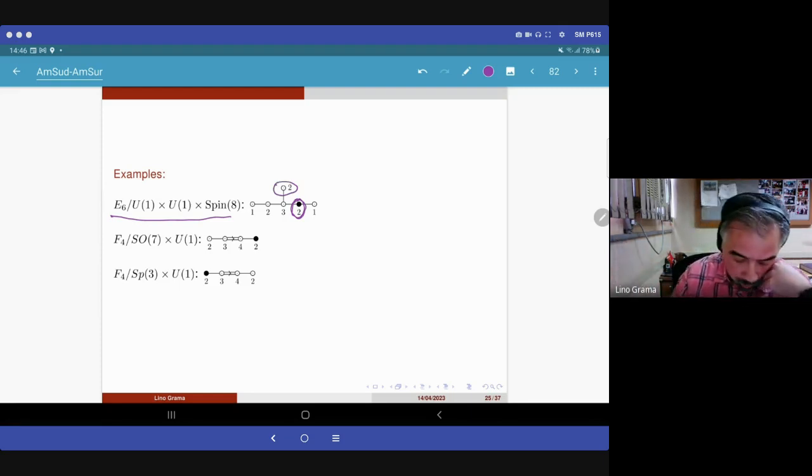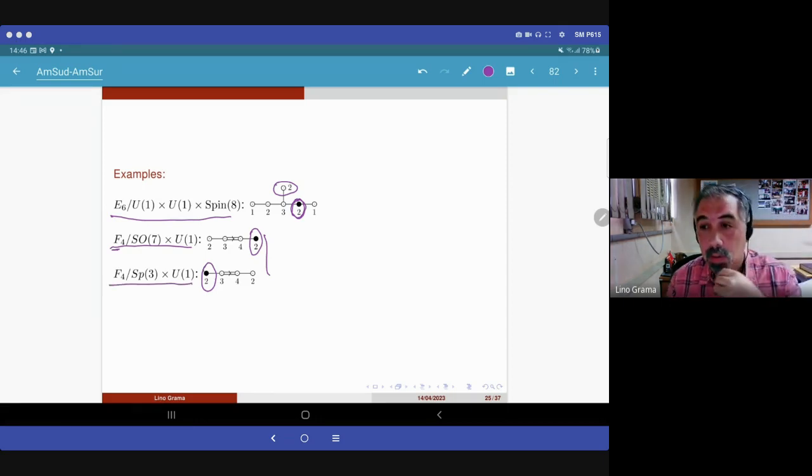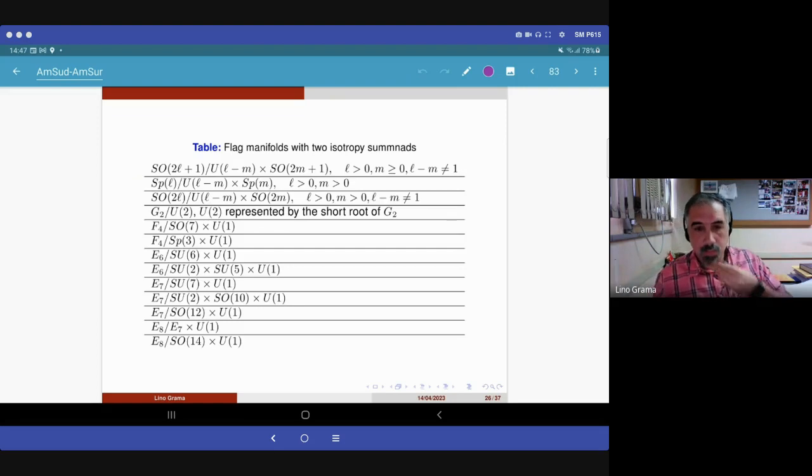The same happens here in the flag manifolds of the exceptional group F4. If we start with this root, we have this flag manifold, but if we start with this root, we have another flag manifold. But you just need to write all the Dynkin diagrams and make the classification. This is the table.